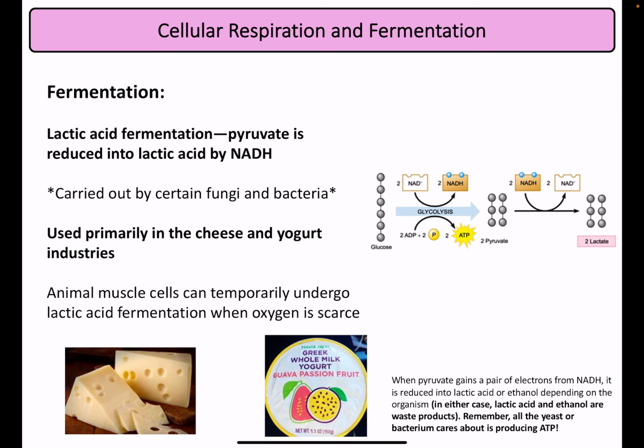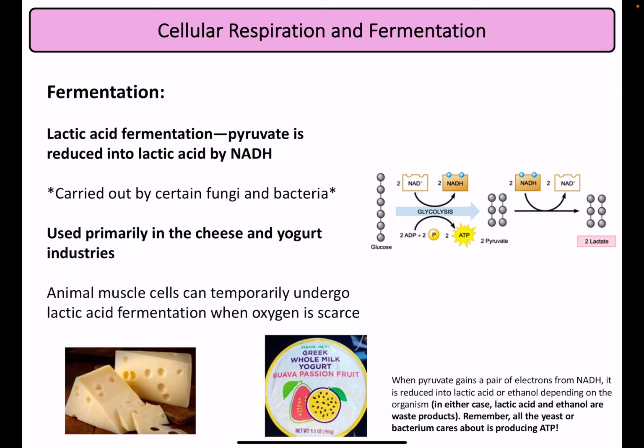This is the type of fermentation that your muscle cells can do for brief periods of time when you're doing a really strenuous workout and oxygen is very low. But it's not something that the cells of your body can use as their primary means for generating ATP. It's kind of a desperate thing to do when you are, like I said, undergoing a strenuous workout.